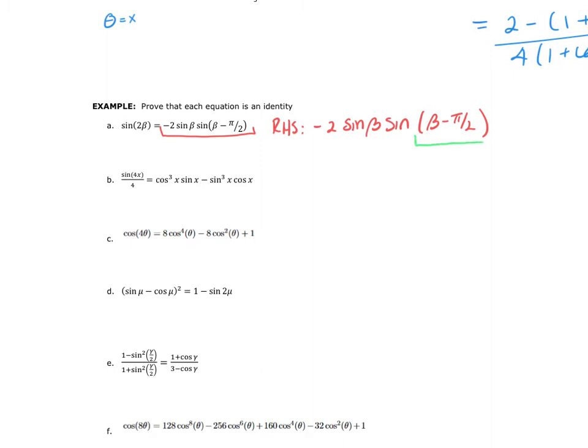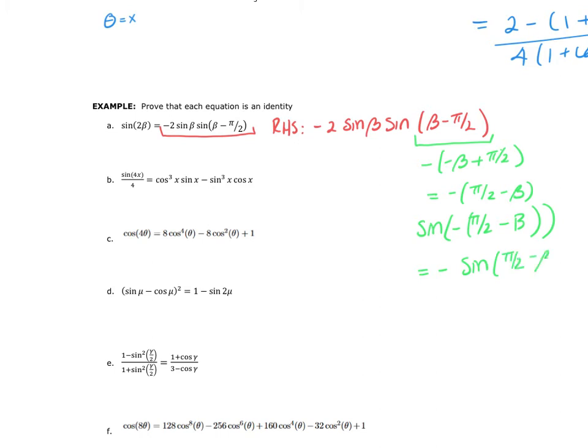First of all, if I pull out a negative, I can rewrite this as negative beta plus pi over 2, which is the same thing as negative pi over 2 minus beta. So that tells me the sine of negative pi over 2 minus beta, using the fact that sine is an odd function, is equal to negative sine of pi over 2 minus beta.